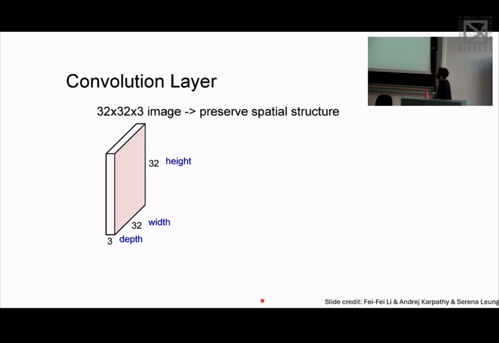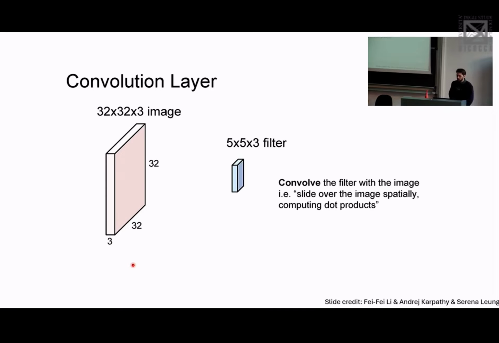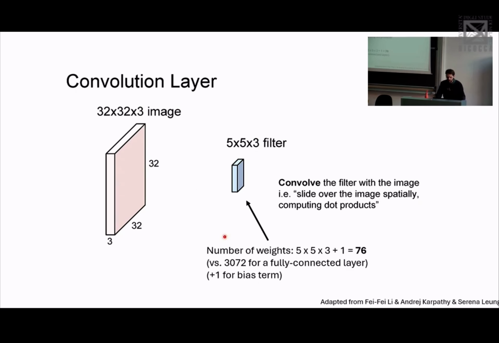Let's just do a quick recap of a convolutional layer. Suppose that you get a 32 by 32 image by 3 channels, red, green, blue if it's a natural image. You have a 5 by 5 filter. Convolve means sliding over the image, computing the dot product.